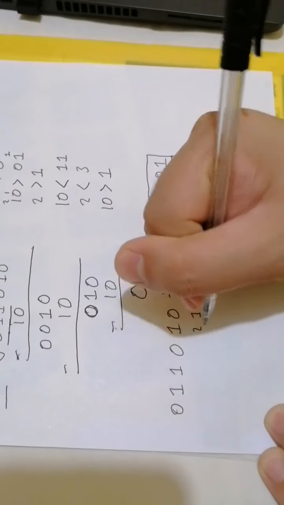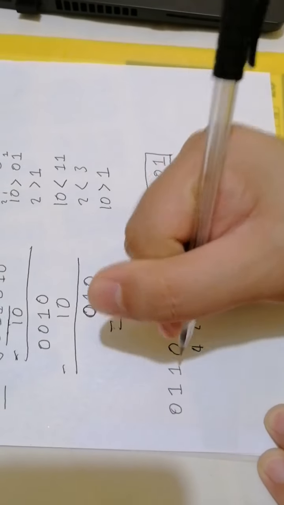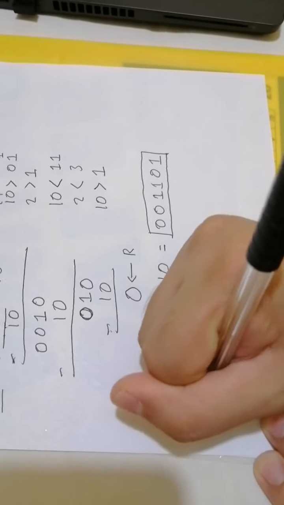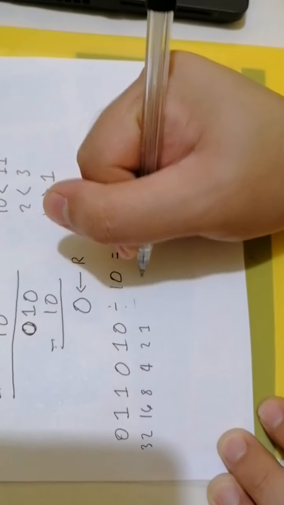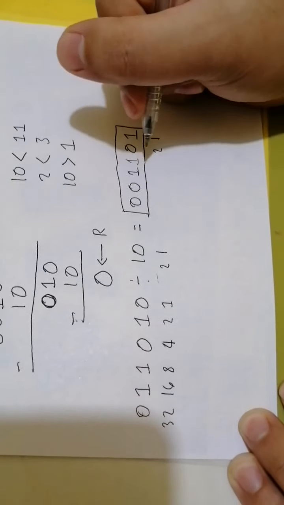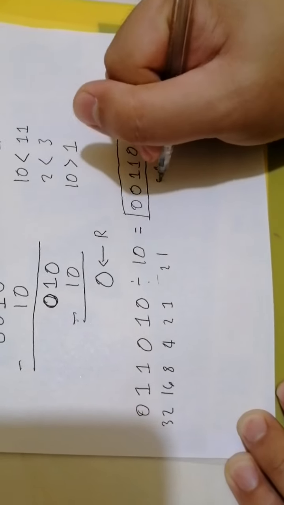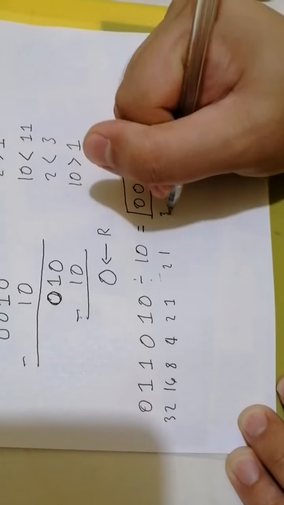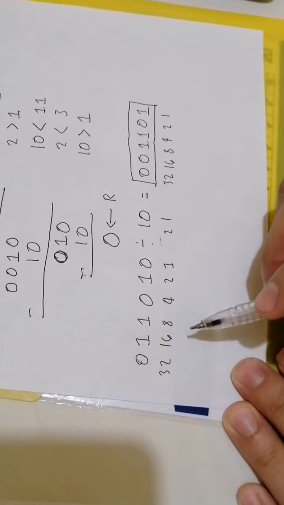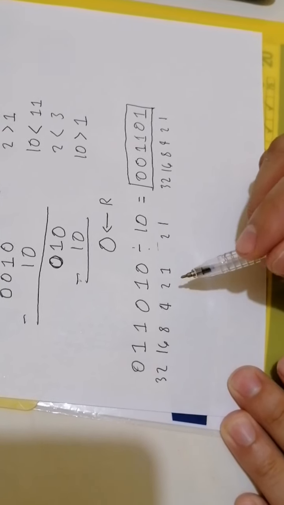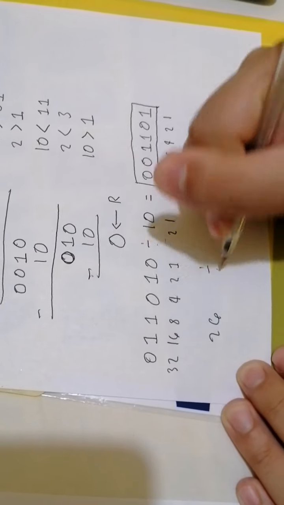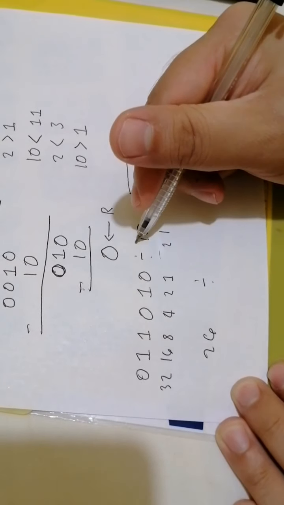1, 2, 4, 8, 16, and 32. So we have 16 plus 8 plus 2 is equal to 26, divided by 2.